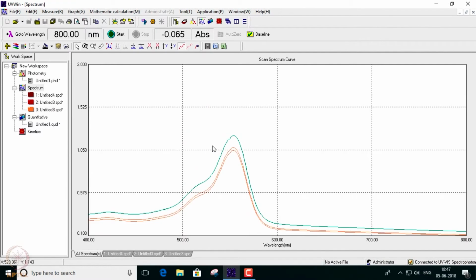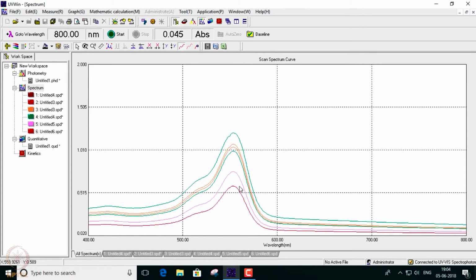This third spectrum is the absorption of the dye recorded at t equal to 45 minutes. We can see that the absorption of dye has further decayed. From here we can see that after 100 minutes the absorption has decayed a lot over time.